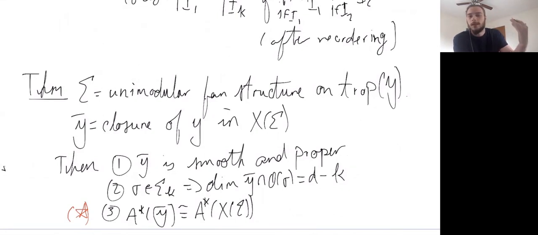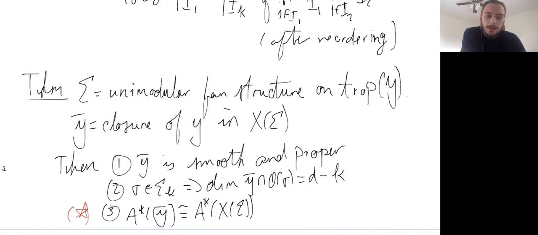What this theorem says is that when I do this, I am actually going to get a good compactification of Y. So this closure Y bar is going to be smooth and proper, and then this toric variety X_Σ.